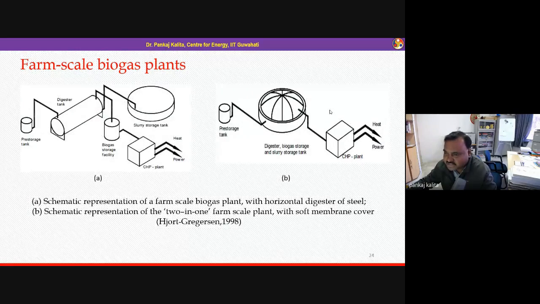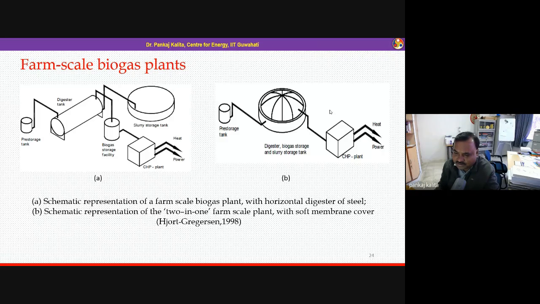And farm scale biogas plants look something like this. Here we have what is called the digester tank, and then we have a biogas storage tank, and then we have a combined heat and power plant.